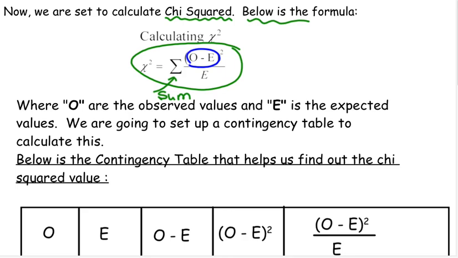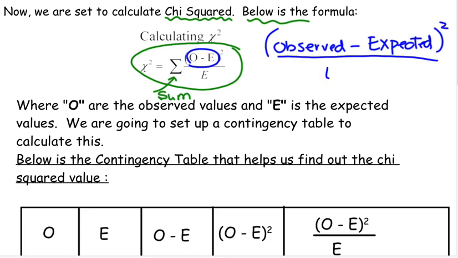This represents your observed, what you got from your sample, minus what you were supposed to get, your expected, which we just calculated, and we are going to square it, and then divide it by your expected. Okay. So that just kind of talks about what the O and the E are.